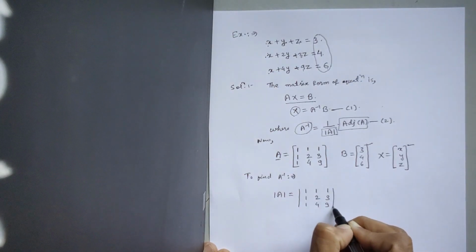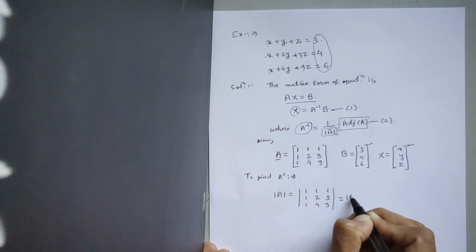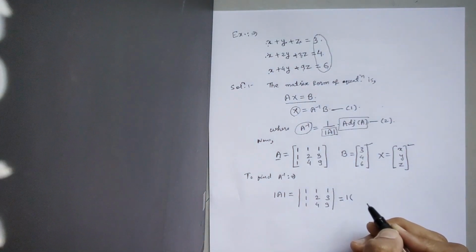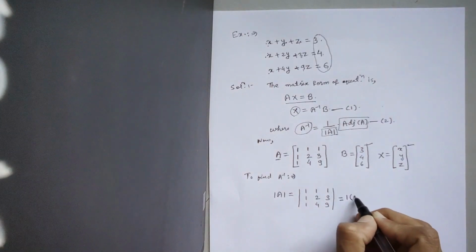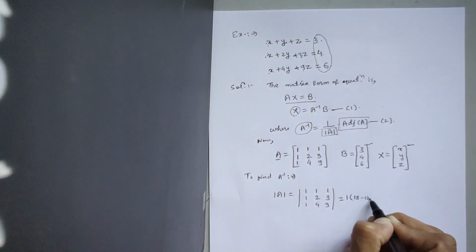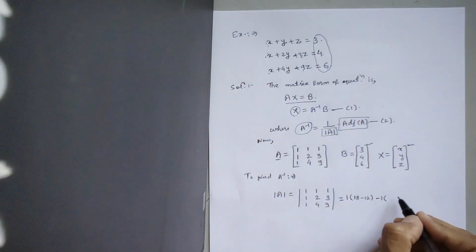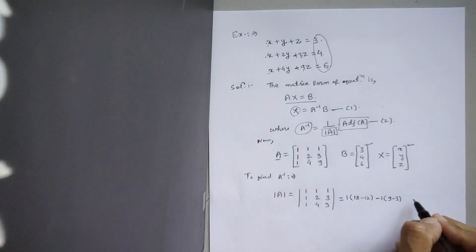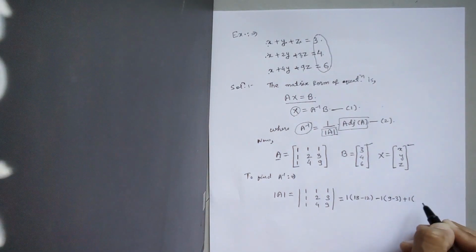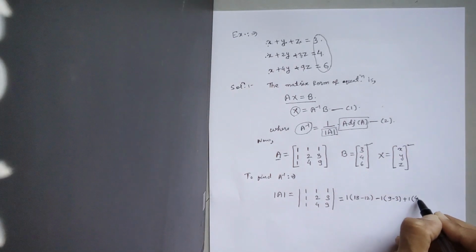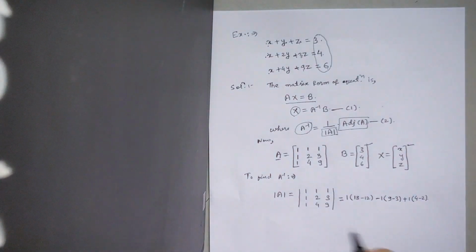Now just expand the determinant and see what we are getting. I am getting 1 into 18 minus 12, minus 1 into 9 minus 3, right? Just check the calculations. Plus 1 into 4 minus 2.